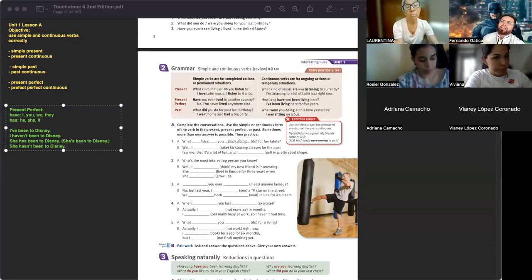Class, when do I use has not instead of hasn't? When do I use the complete words instead of the contractions? In Spanish. Okay, bien, so tell me. Maybe in formal situations.